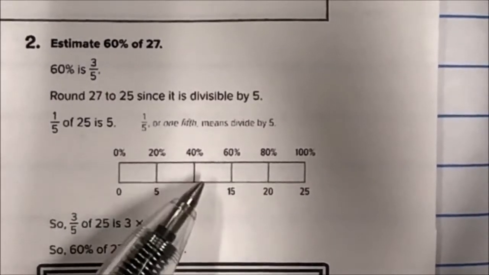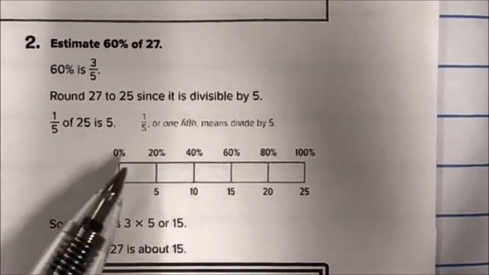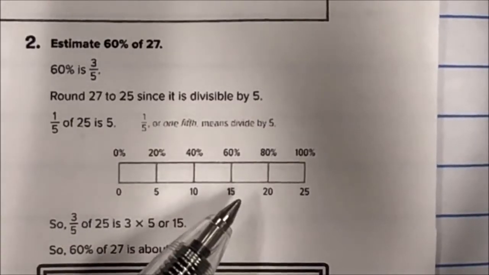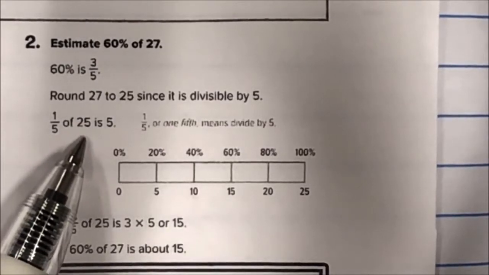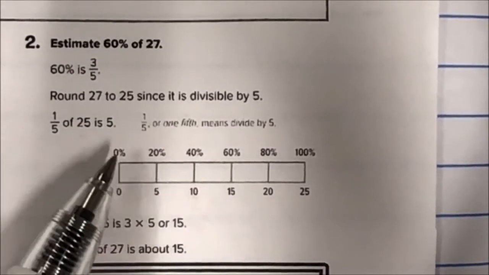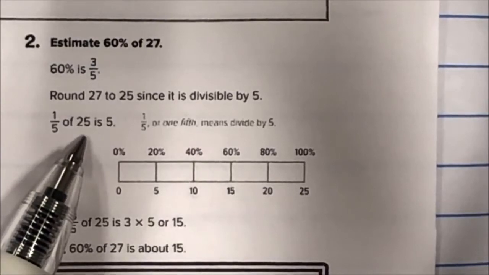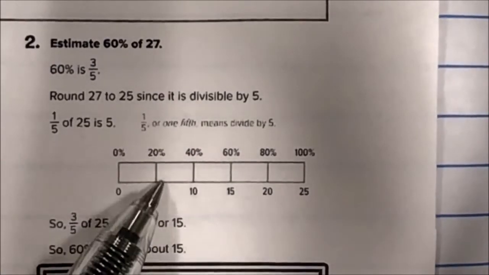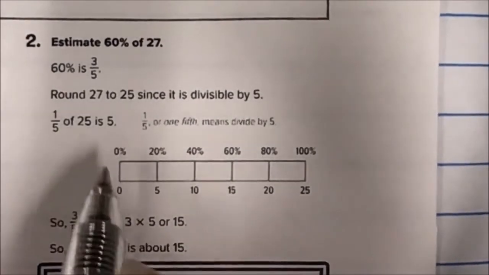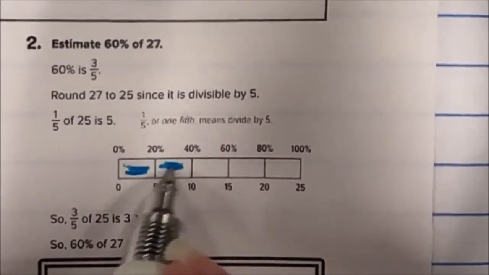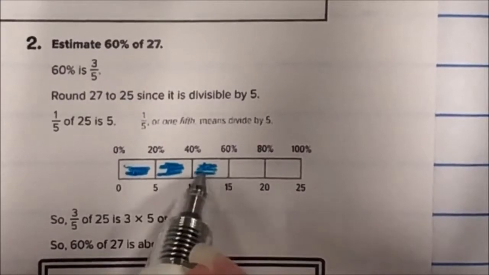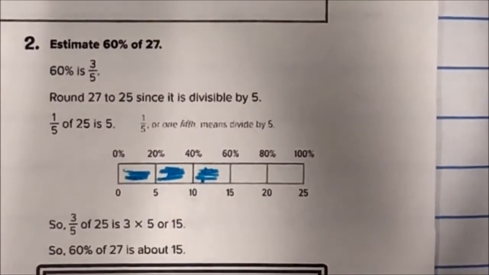So 60% of 25. 1/5 of 25 is 5. So each one of these is broken down into 5 sections of 5, right? So if I want 3/5, 1, 2, 3, that's 15.